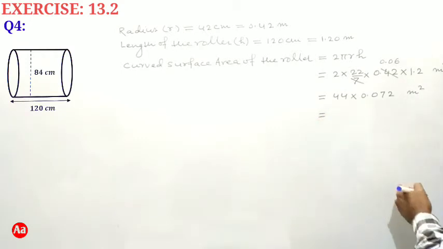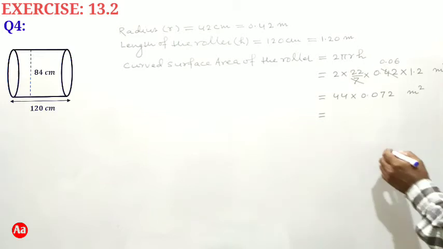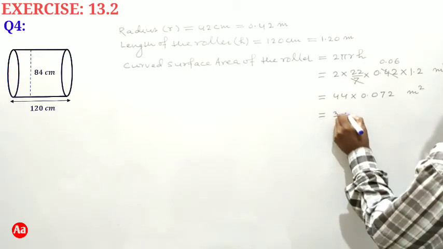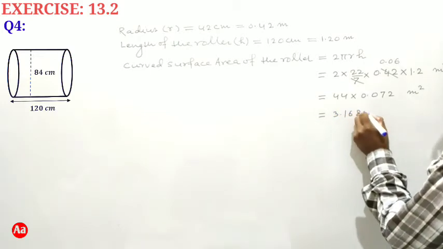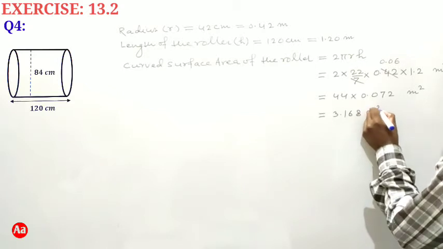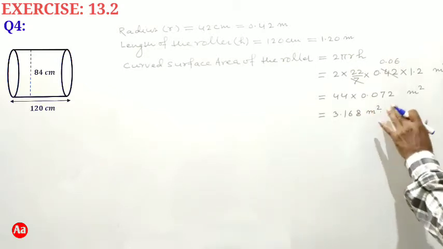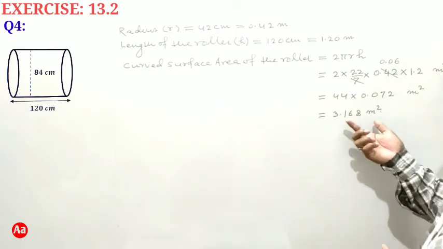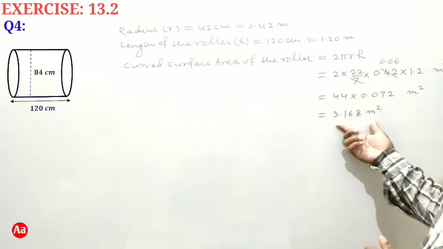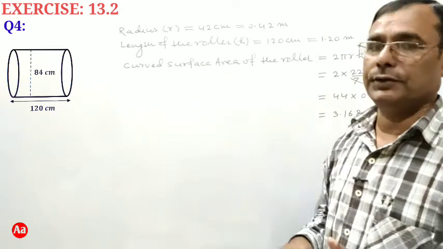So let us multiply. 3.168 meter square. So 3.168 meter square is the curved surface area of the roller.